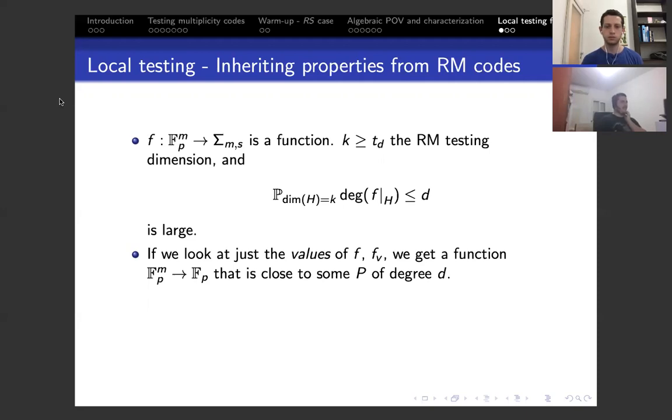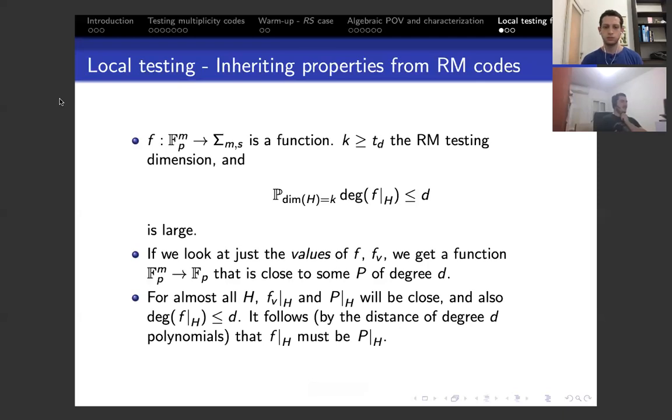So first, we just look at the values of f without the derivatives, and we get a function from F_p to the m to F_p. From the Reed-Muller case, we just get for free that this function is close to some P of degree d.